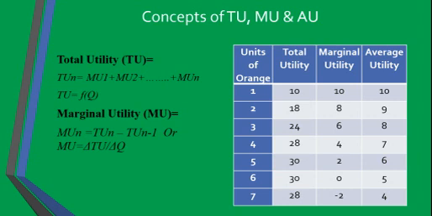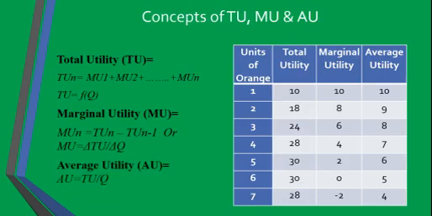Marginal utility of the nth unit is equal to total utility of n units minus total utility of n minus 1 units, or marginal utility is equal to change in total utility divided by change in the quantity consumed.